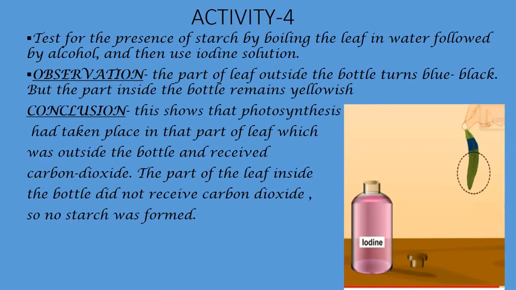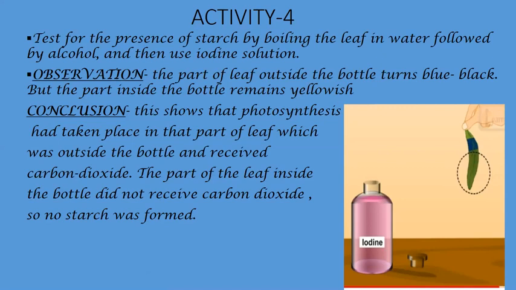Test for the presence of starch by boiling the leaf in water, followed by alcohol, and then use iodine solution. Now what do you find? The part of the leaf outside the bottle turns blue-black, but the part inside the bottle remains yellowish.